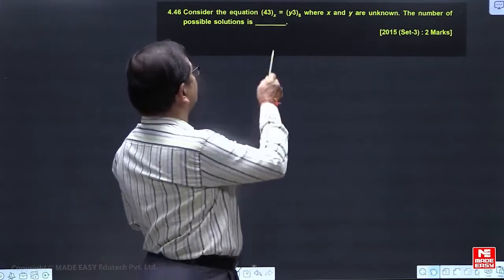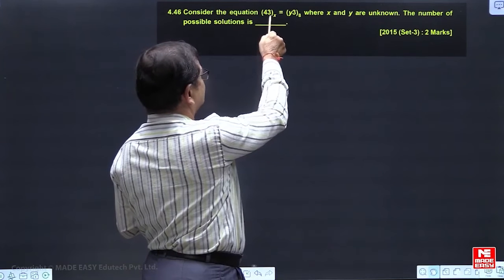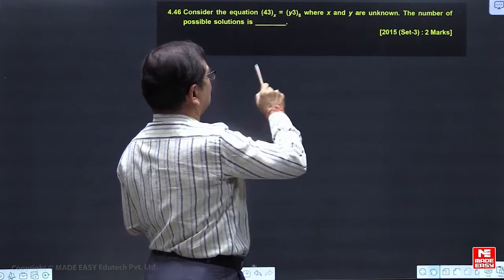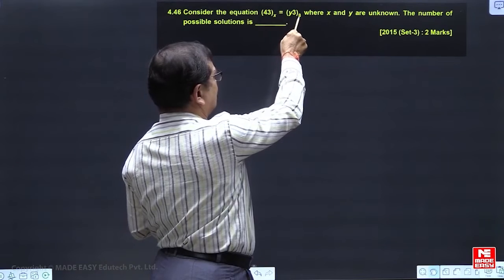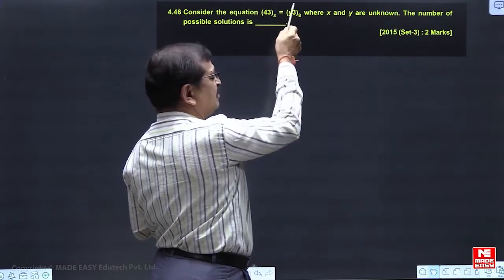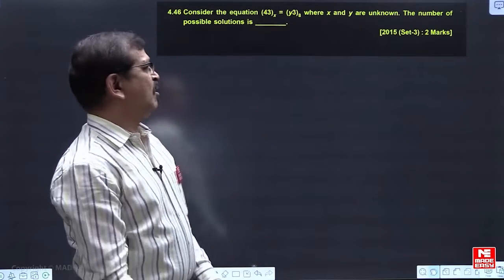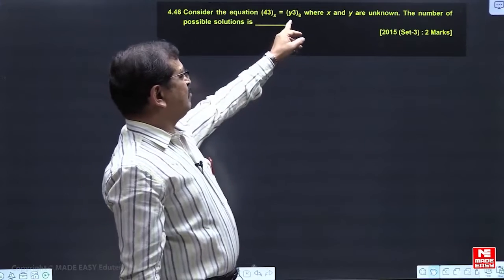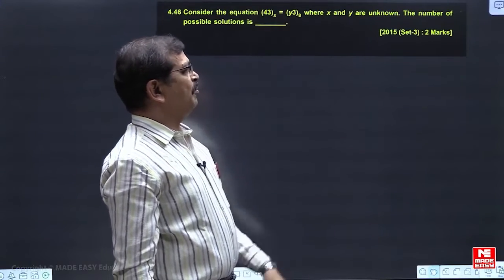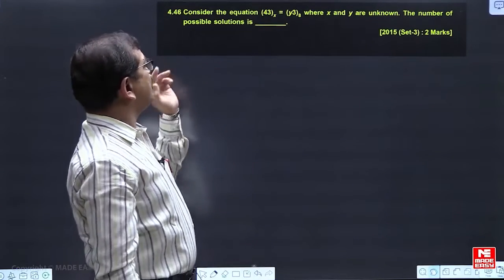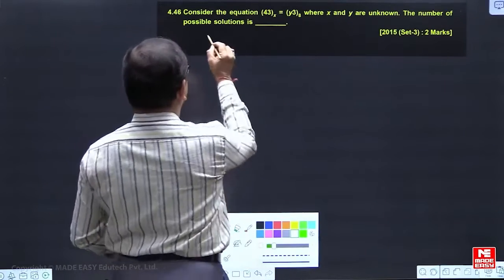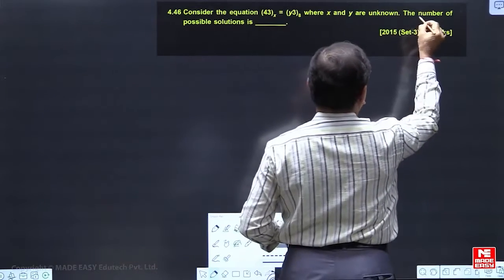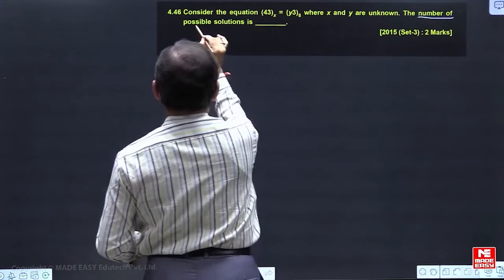Here x, the base of this number, is unknown, and y is a digit in the octal number system. Whenever the base is 8, it is the octal number system. The question is the number of possible solutions. It was a numerical question.